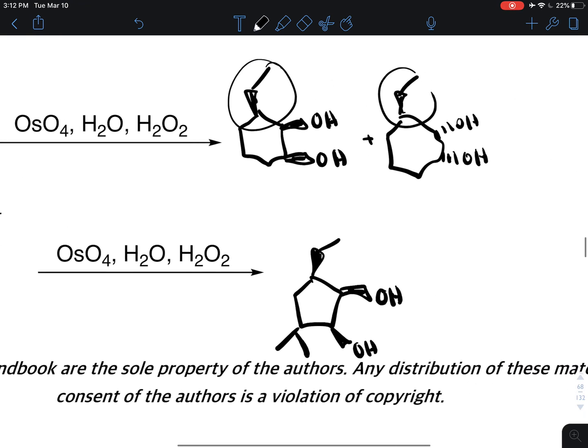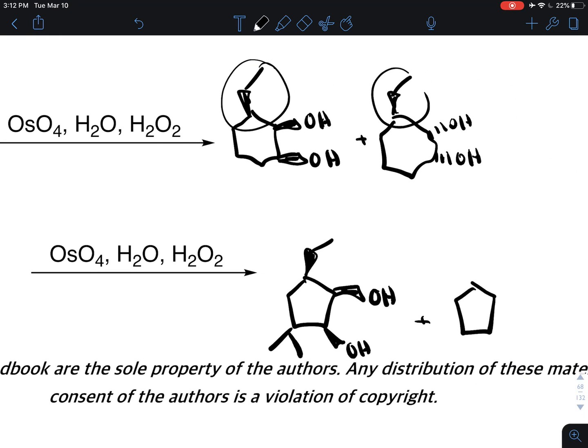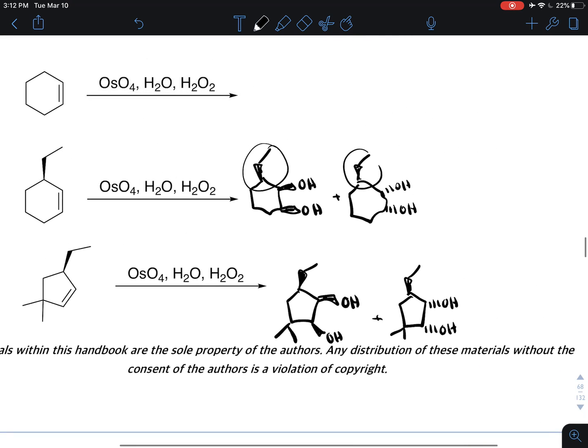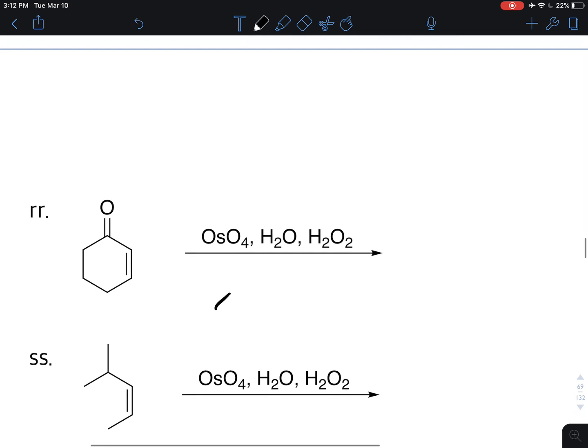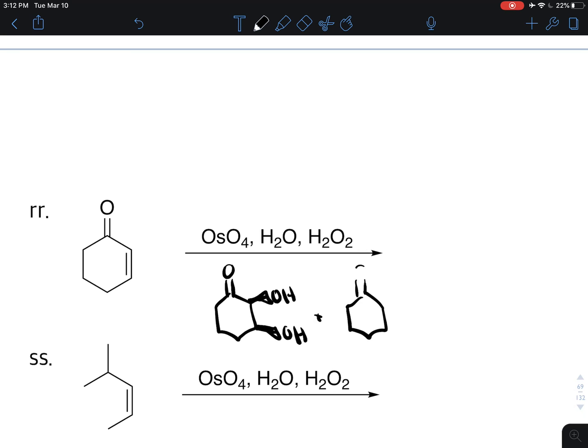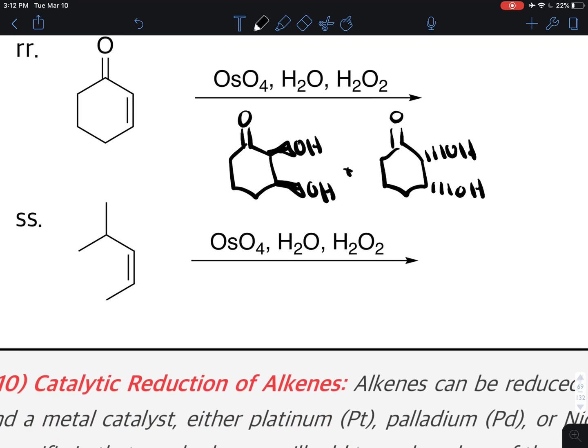Okay, so they can either both be on wedges or they can both be on dashes. Okay, so those are those. Okay, keep moving on. So over here, they could have both formed on wedges or they both could have formed on dashes.